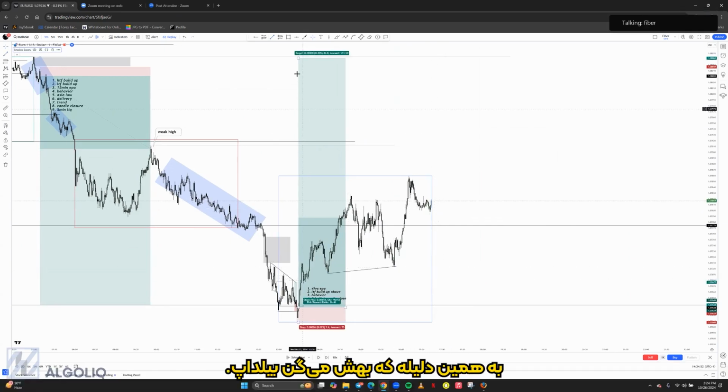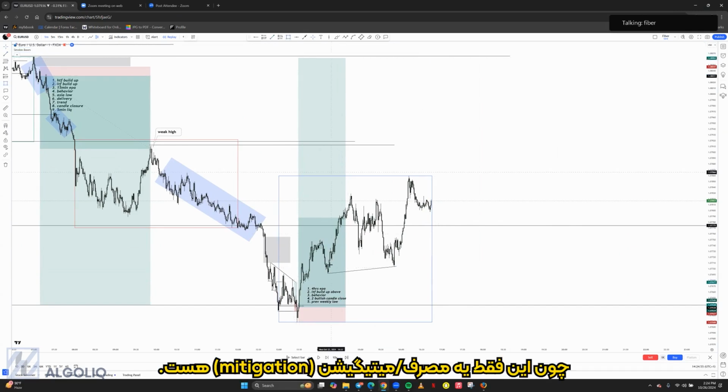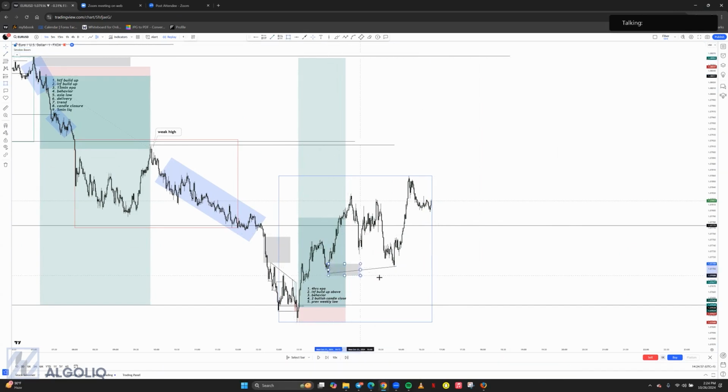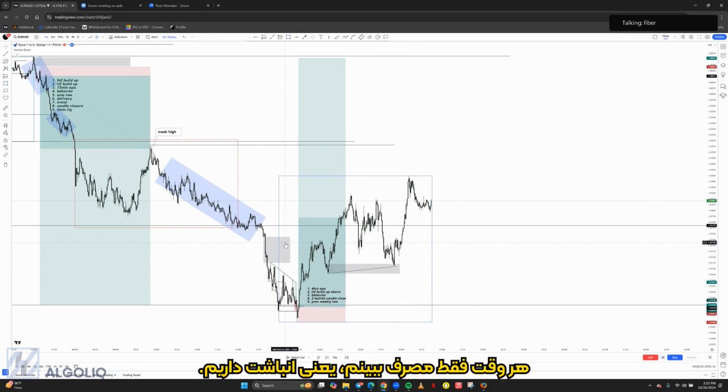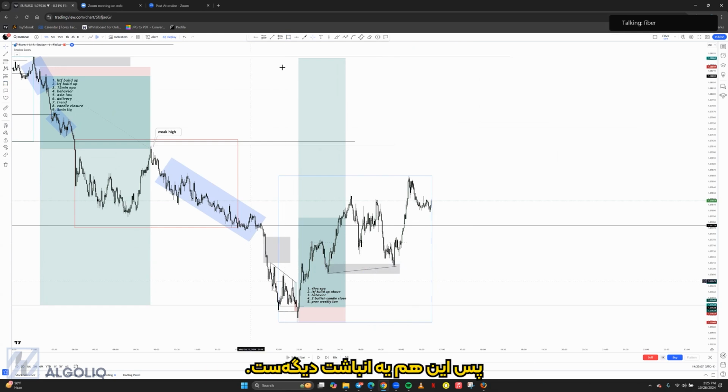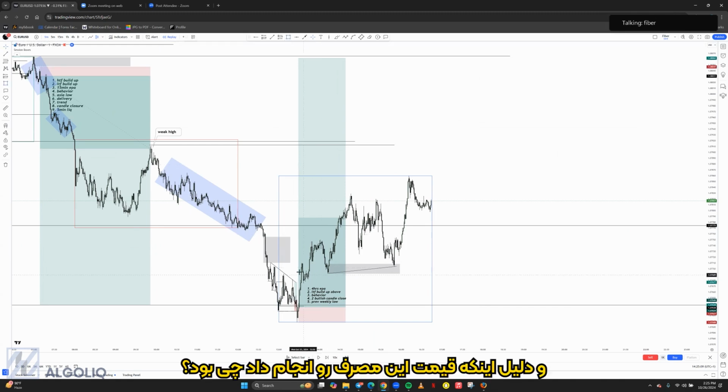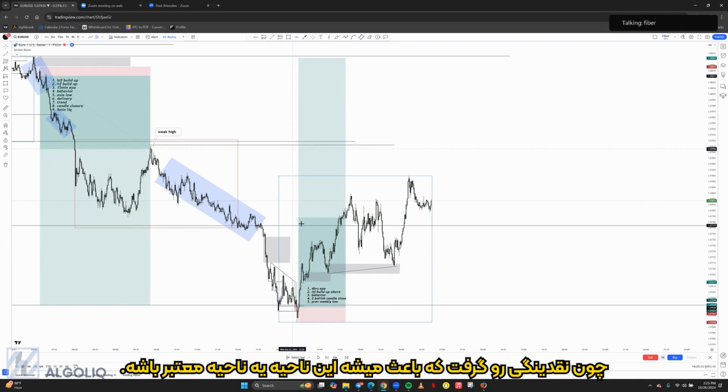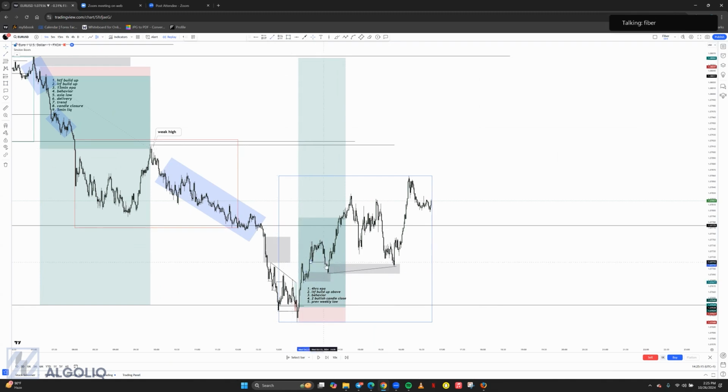Yes, that is why it's a build up, because it's just a mitigation. Whenever I see just a mitigation, that is a build up. All right. So this also is a build up. And the reason why price mitigated this was because what? It took out a liquidity, which makes it a value zone.